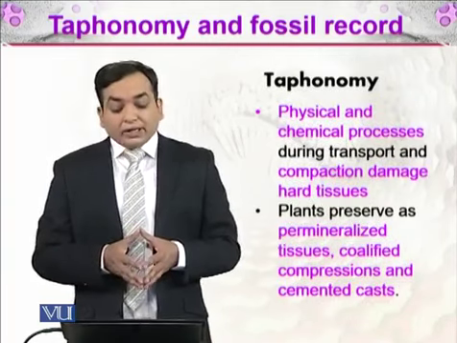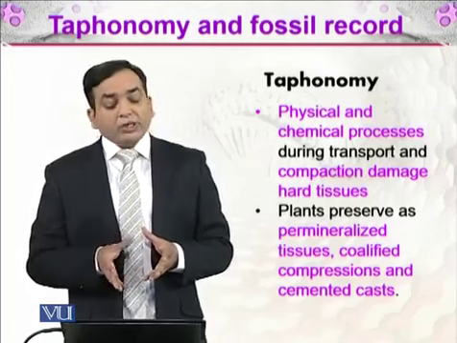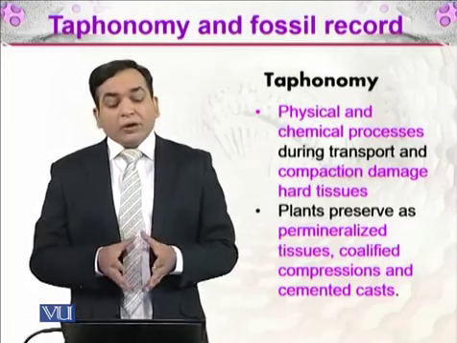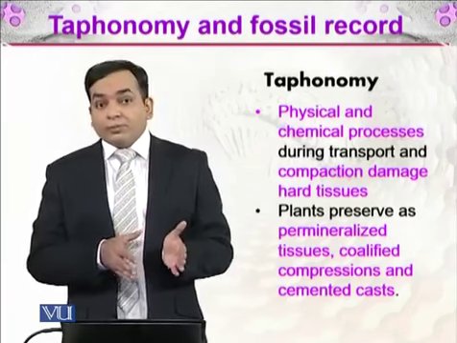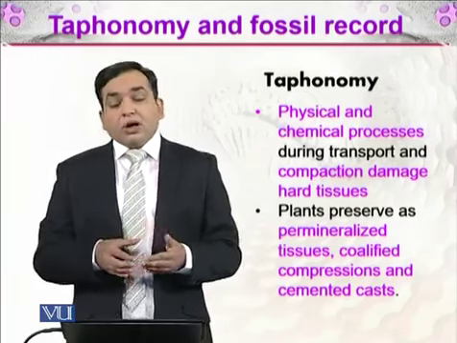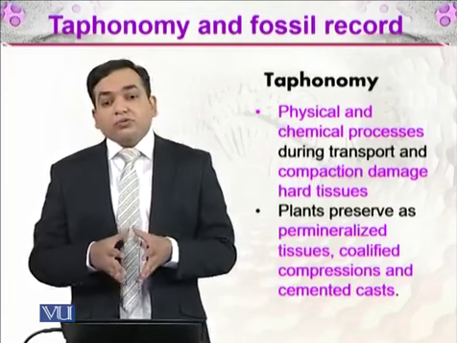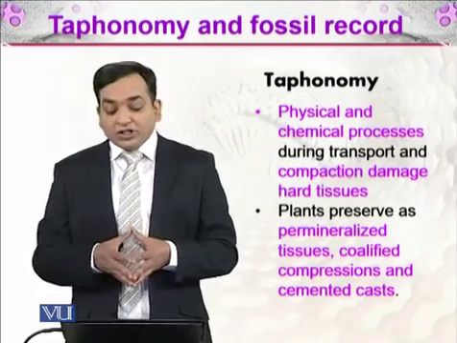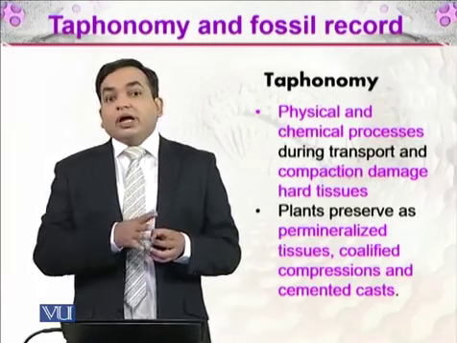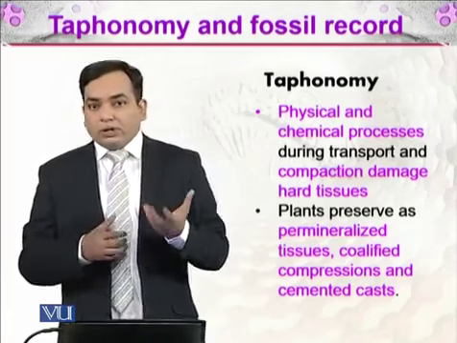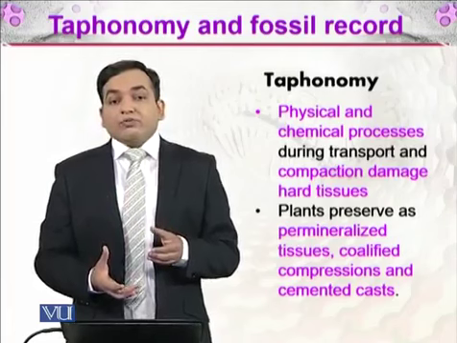Then there are the physical and chemical processes during transport and compaction, and the damage to the hard tissue, all of these things that come after the initial preservation. After a fossil is preserved, it undergoes physical and chemical changes, and after those changes there might be some transport as well. How does that transport affect the fossil?